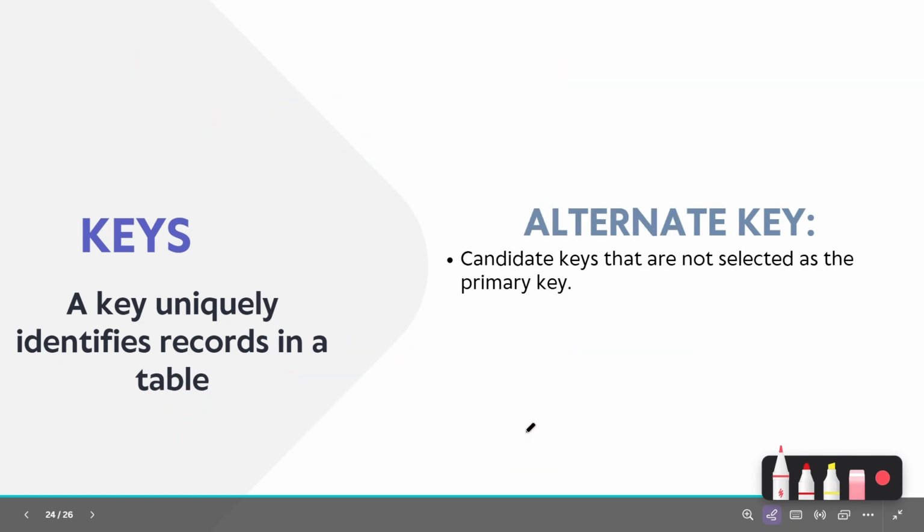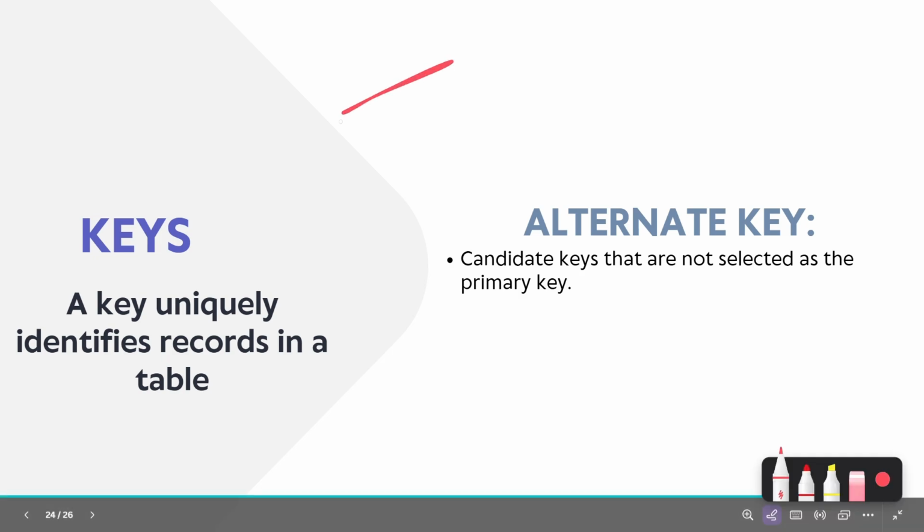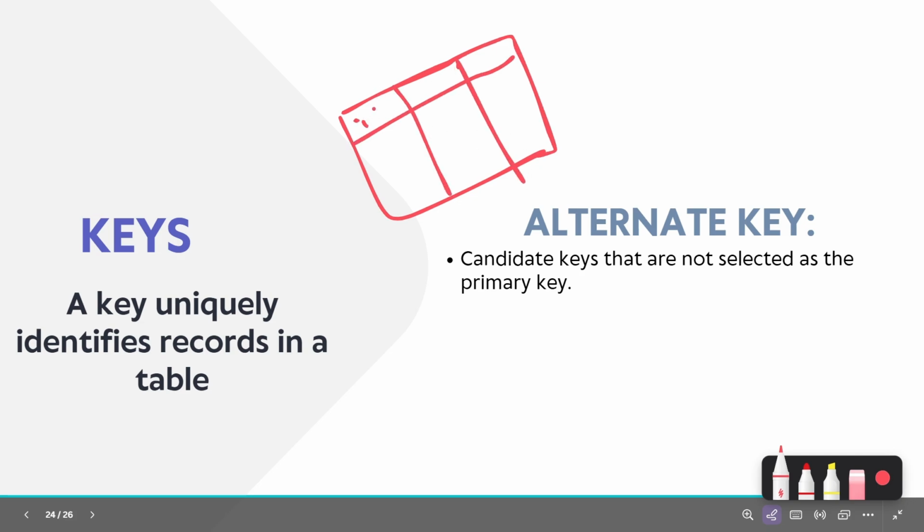Now, let's move on to the next one. The next one is the alternate key. So an alternate key is simply a candidate key that didn't get chosen as a primary key. It's like the backup hero, ready to jump in. For example, let's look into the employees table again. So in this employees table, we are going to have an employee ID along with his name and email, right?